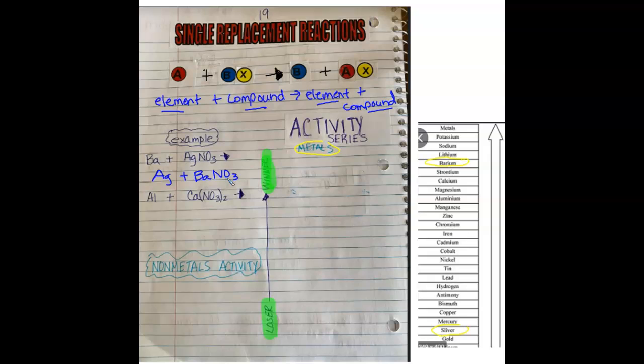So in this case, barium is a +2 charge, nitrate is a -1, so I'm going to need 2 nitrates. Now, one of the things that we need to remember as we're doing this, okay, this is the element barium, and one thing that you need to always remember when it is the element, that it does not have a charge.